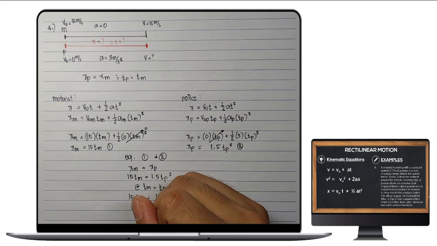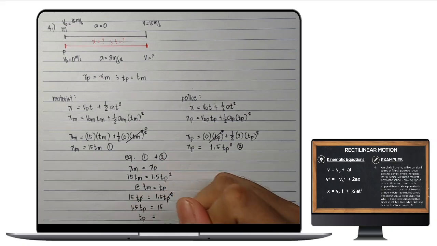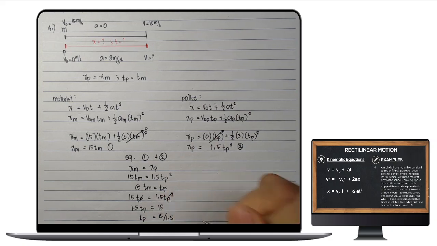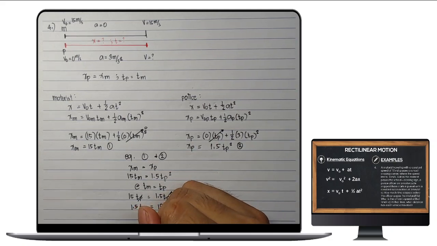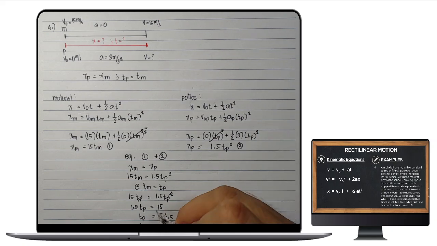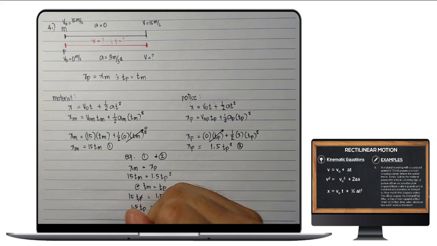So we can find the time of the police, and that is simply 15 divided by 1.5. Therefore, the time of the police is 10 seconds, and that is the same as the time of the motorist.